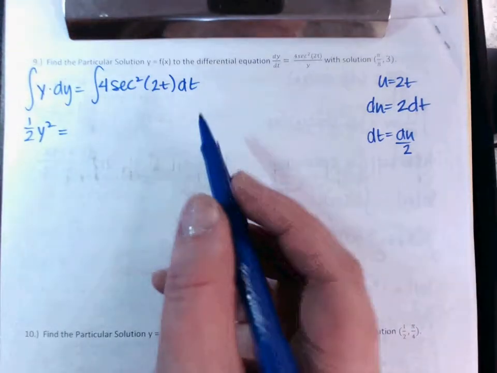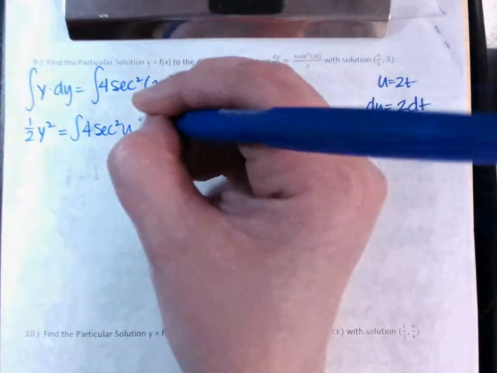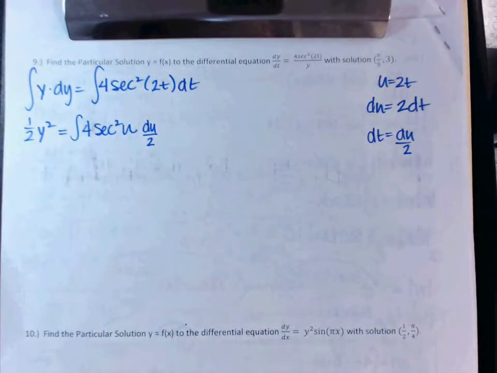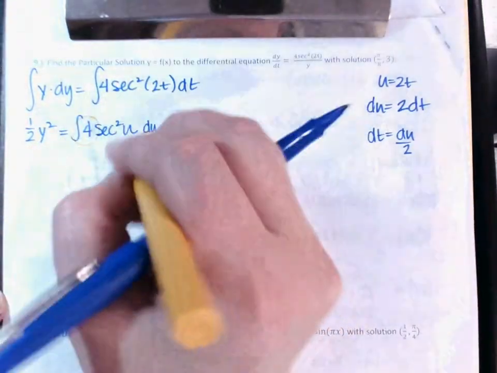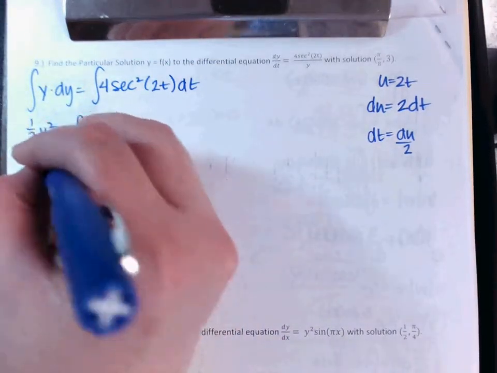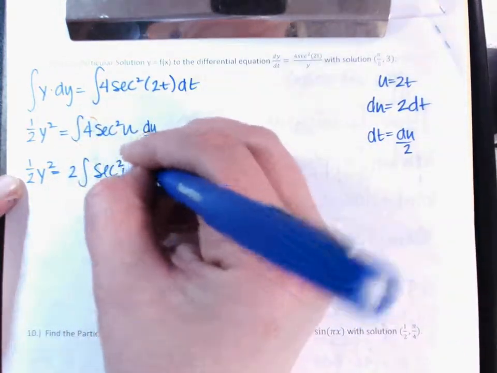Okay, so let's plug this in. It's the integral of 4 secant squared u. dt is du over 2. What is my constant that I'm going to pull out to the front going to be? 2. So 1/2 y squared equals 2 times the integral of secant squared u du.